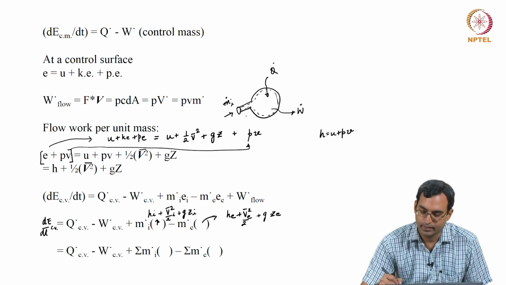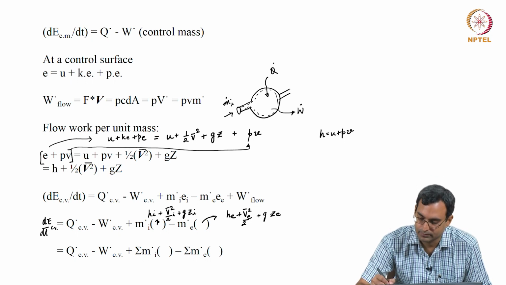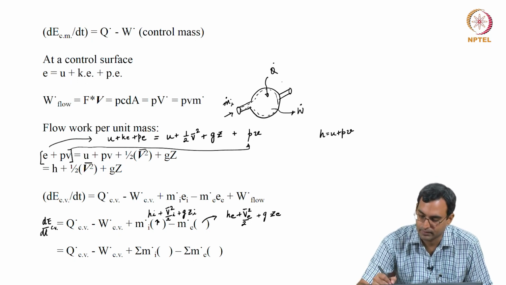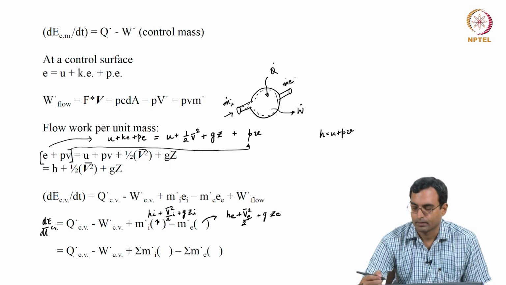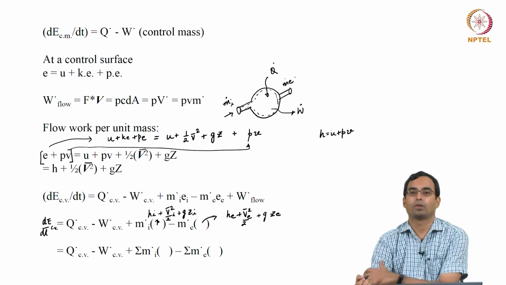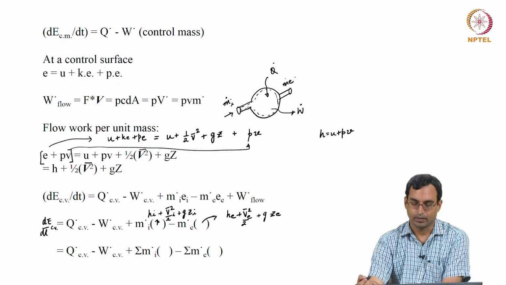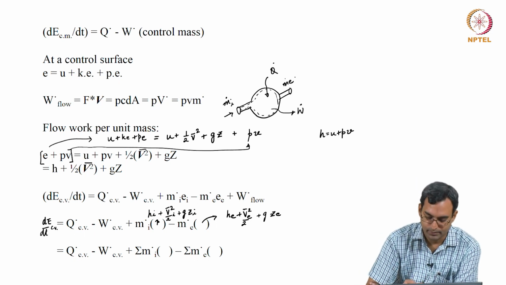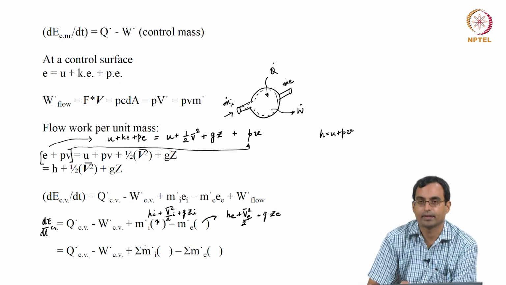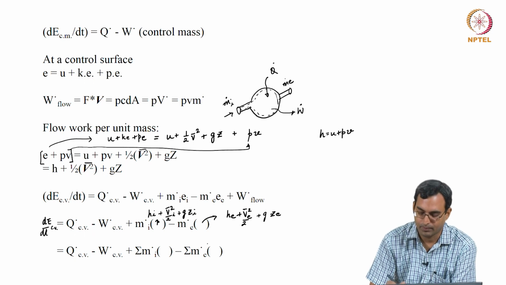We have considered one inlet and one outlet here, but we said that our arbitrary control volume can have any number of inlets and outlets. So, if we have more than one inlet, we use a sigma over the inlets and a sigma over the outlets.